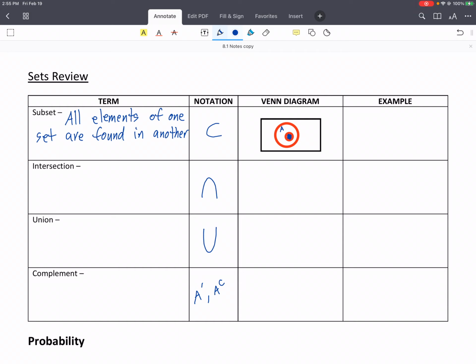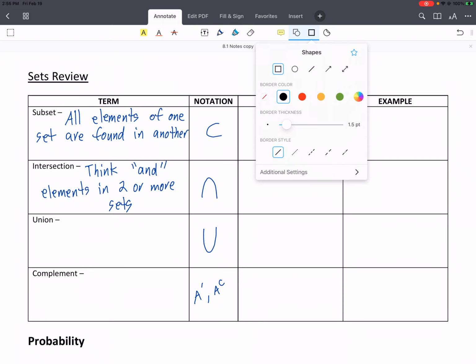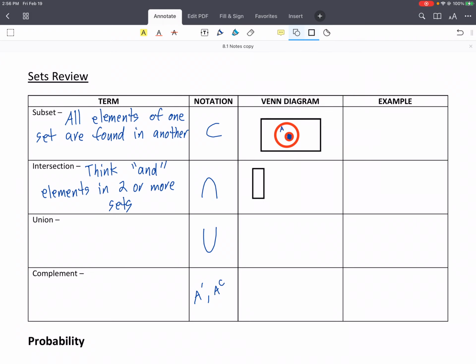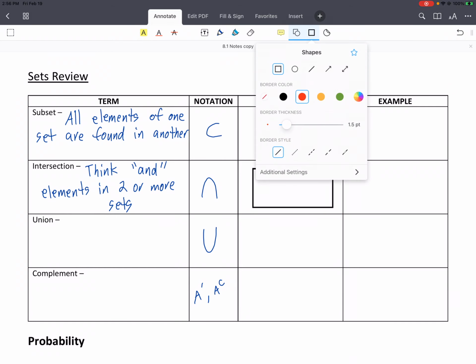But intersection, again, we can think and. So it'd be elements in two or more sets. So if I make a picture here real quick, let me actually just copy this down once I get to the next one.